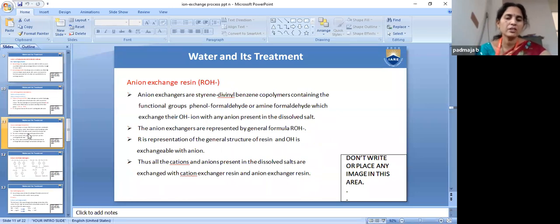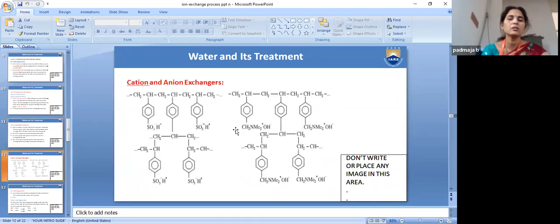Now the anion exchange resins. These are styrene divinyl benzene copolymers. You can see the structure here. Already we have written in the notes how to write the cation exchange resin and anion exchange resin.